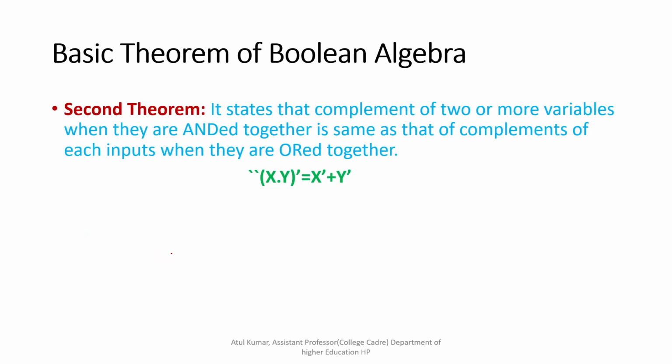The second theorem states that the complement of two or more variables when they are ANDed together is the same as the OR of the complements of each input. For example, the complement of (x dot y) is equal to x complement OR y complement.